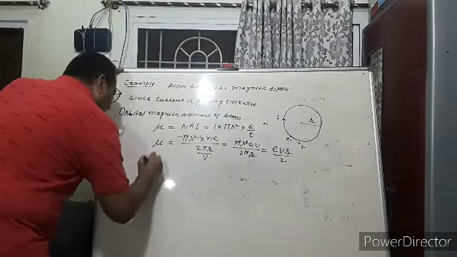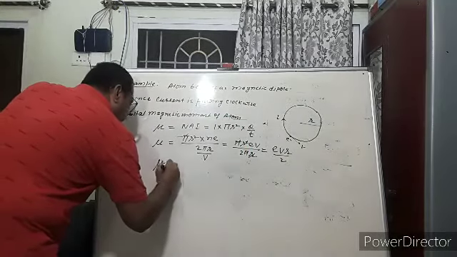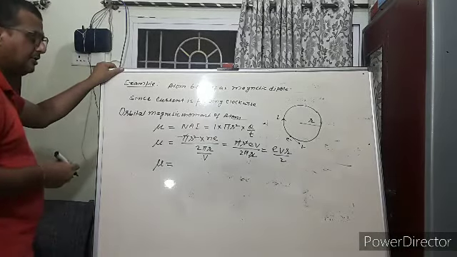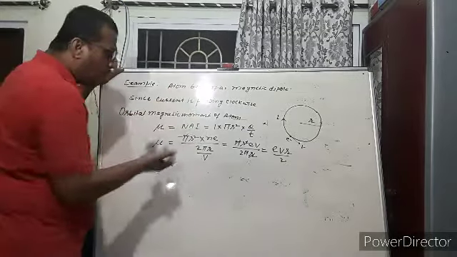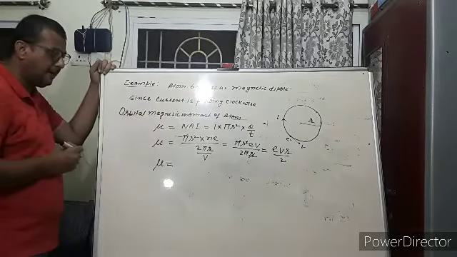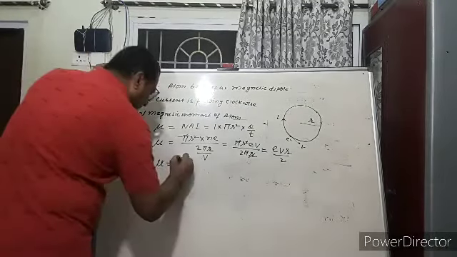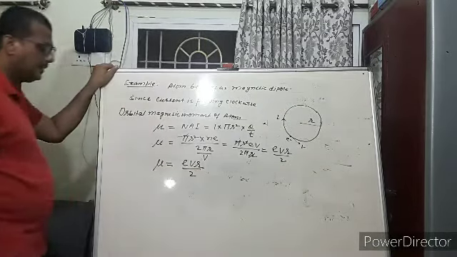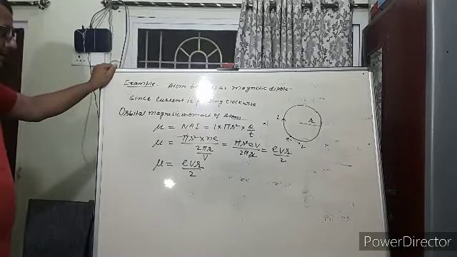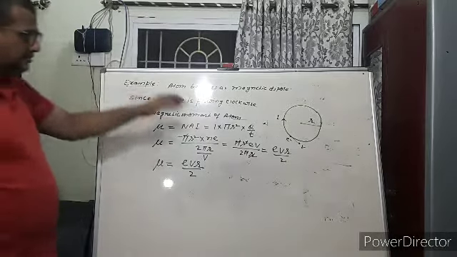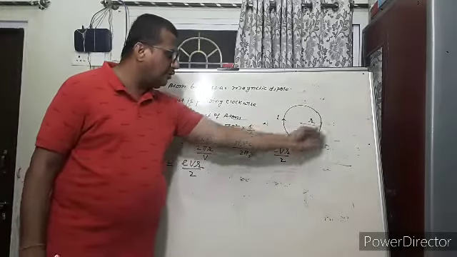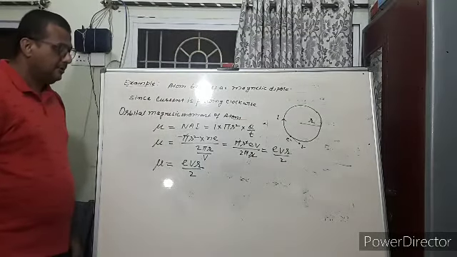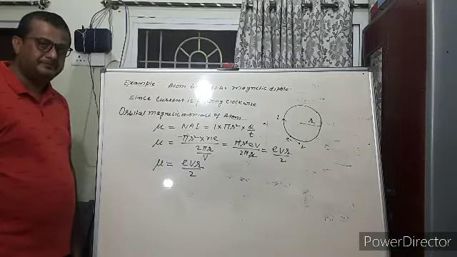So the orbital magnetic moment. Actually, it is a magnetic moment. It is moving in the orbit, that's why it is called the orbital magnetic moment. Orbital magnetic moment will be equal to evr divided by 2. Of course, this electron is moving along this direction, so certainly it will have angular momentum.